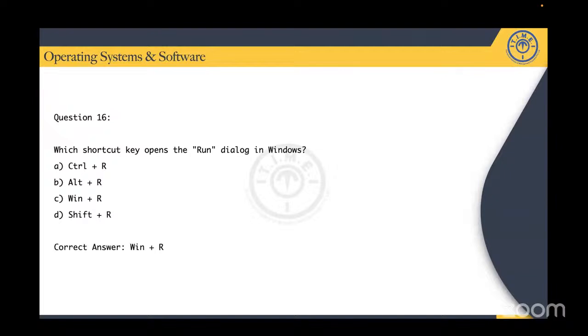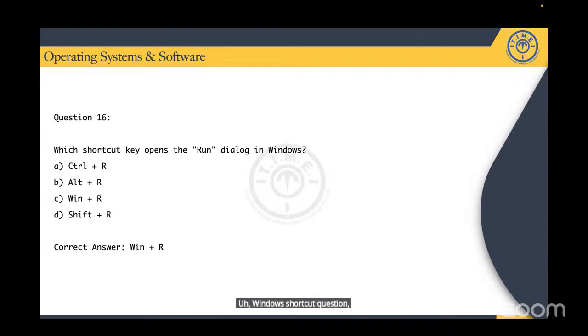Which shortcut key opens the run dialog in Windows? These shortcut key kinds of questions are very common, right? This is a very frequently asked question, Windows shortcut question.